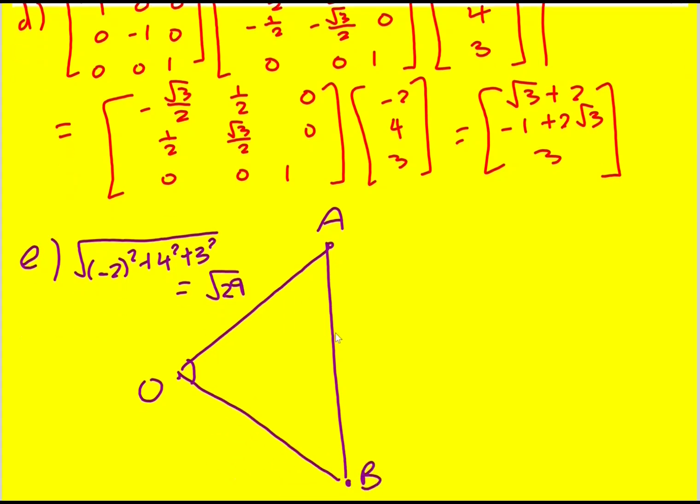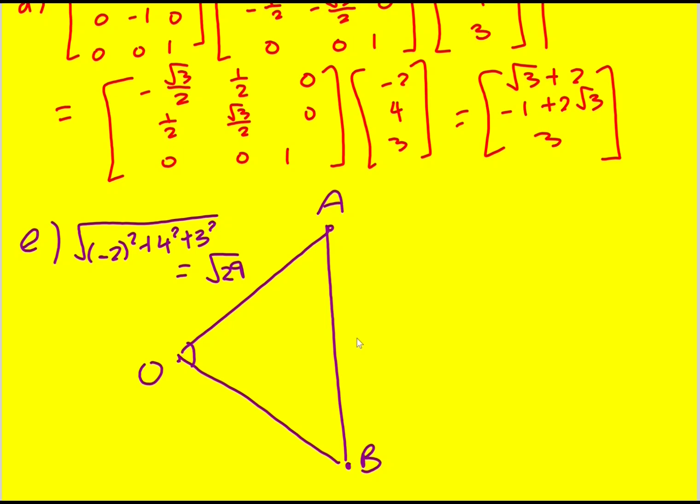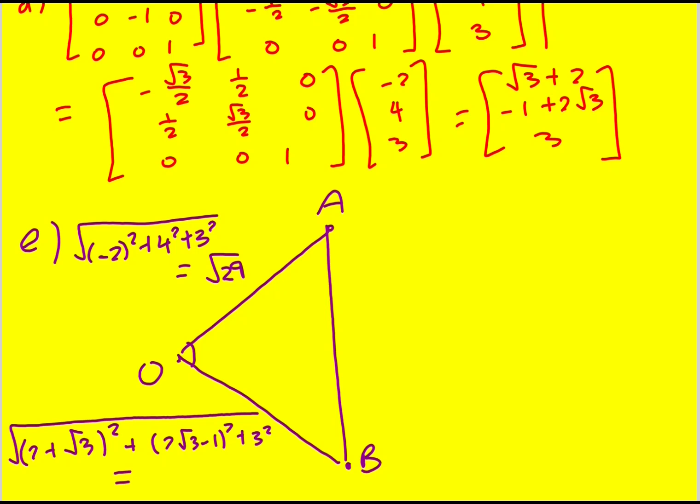I can do the same for B, which is 2 plus root 3 squared plus 2 root 3 minus 1 squared plus 3 squared, square rooted, which is also root 29.